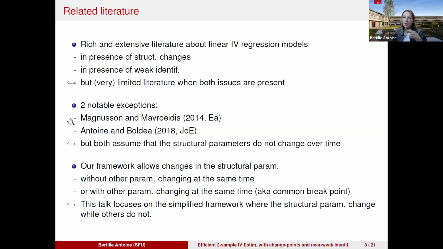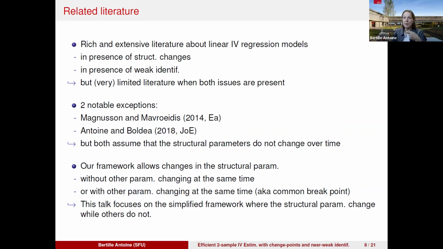Both these papers consider weaker identification in presence of structural changes. The difference is that both assume that the structural parameters do not change. So it's more like the first stage is changing and the second stage remains stable.